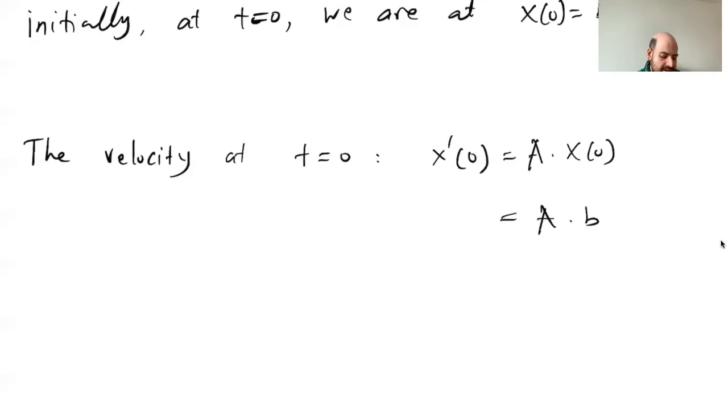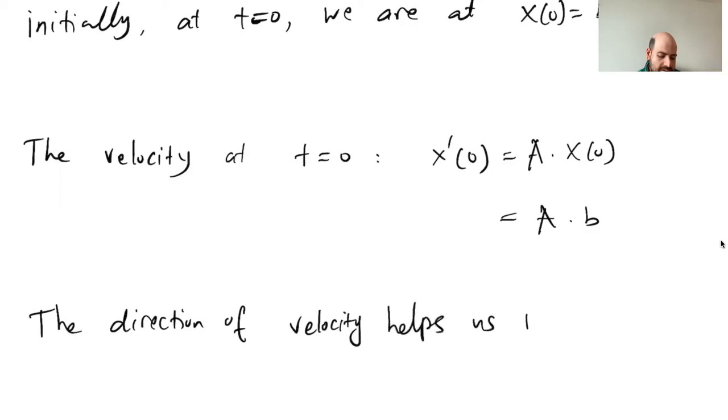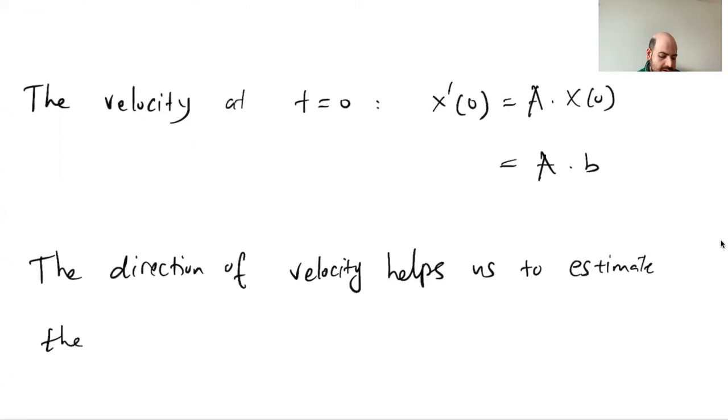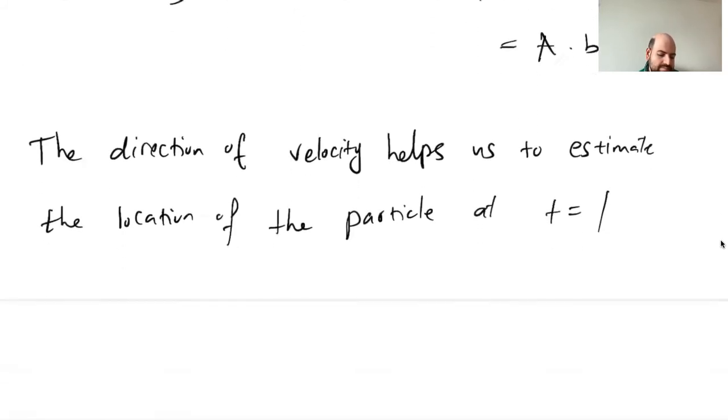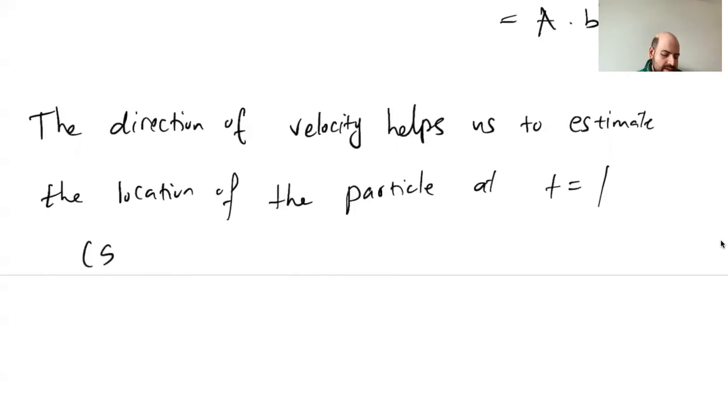So this velocity, the direction of velocity, helps us to estimate the location of the particle at t equals 1. Say the estimated location is, let's say, B1.